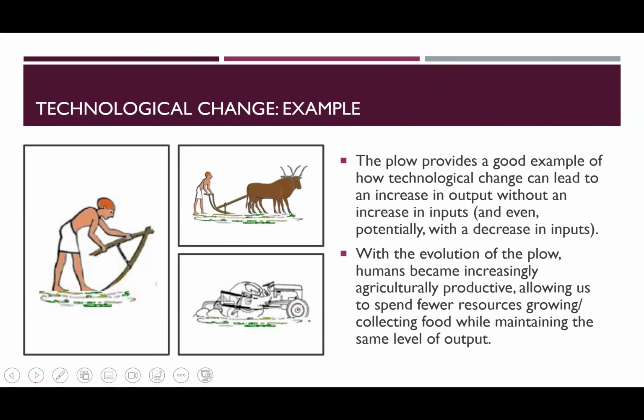An example of this in history is the plow. If you ever take a medieval history class, you'll probably see that your professor is obsessed with the plow, and that's because the invention of the plow immensely increased the agricultural productivity of humans. Right. So initially, the plow was handheld and was literally back-breaking work.